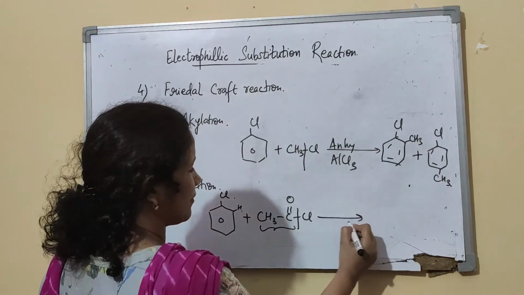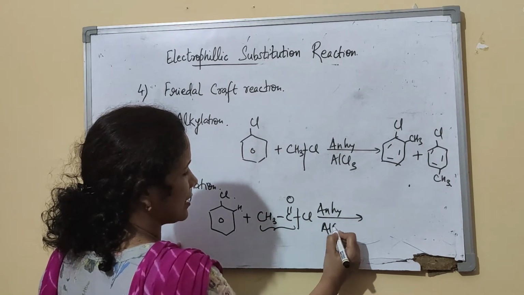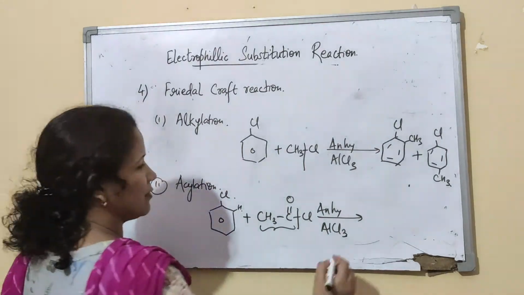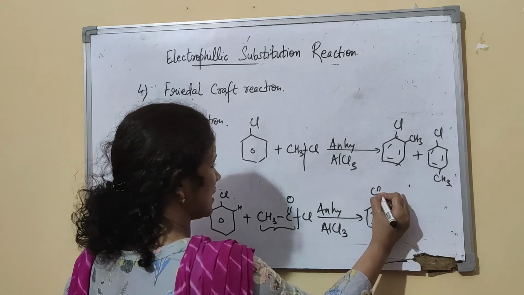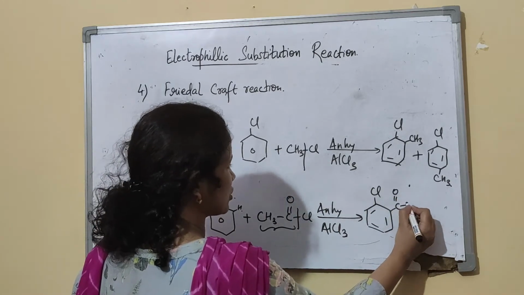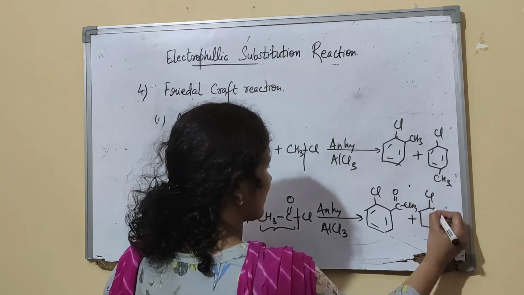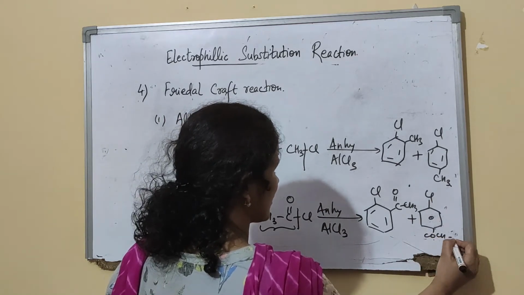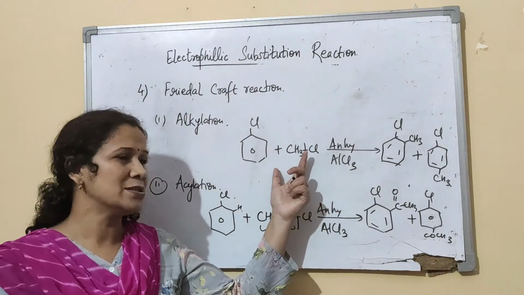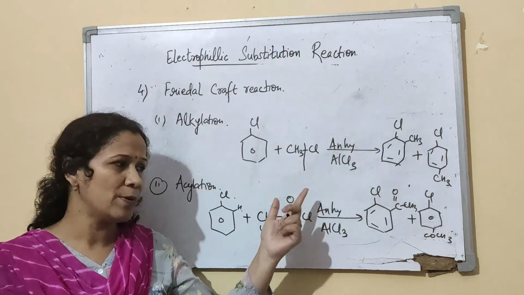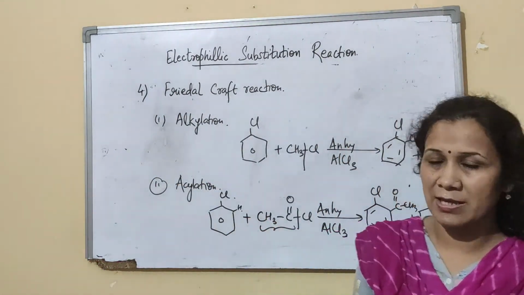It always takes place in the presence of anhydrous AlCl3, and then one time ortho, Cl CO CH3, and Cl CO CH3, right? So one time ortho, one time para. The only difference is that in the first case you have attached an alkyl group, and in the second case you have attached an acyl group.